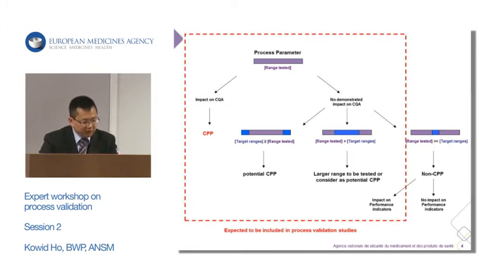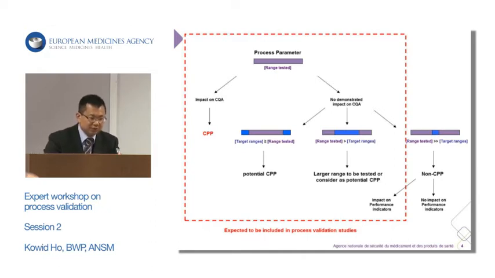Well, if you look at the case on the left, you may have target ranges that are slightly wider than the ranges that you have tested, or are very close to the ranges that have been tested. But in such a case, we may have some doubts on the criticality assessment of your CPP, of your process parameters here, and we may think that the ranges you have tested may be so limited that if you actually widen this, you may have an impact that has not been detected in your design of experiment, in your experimentation.